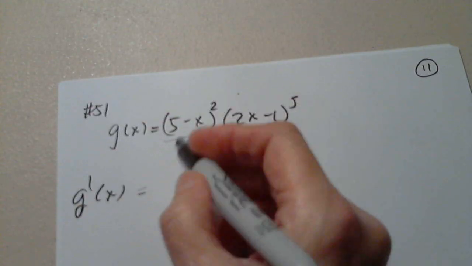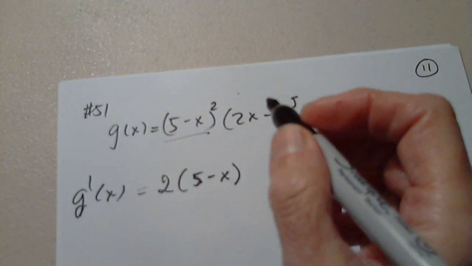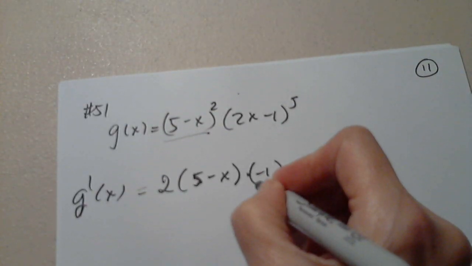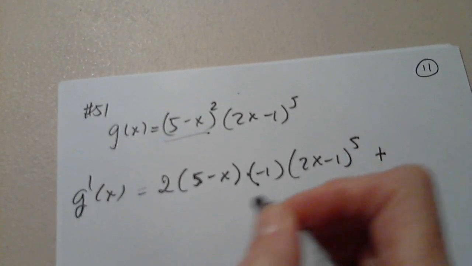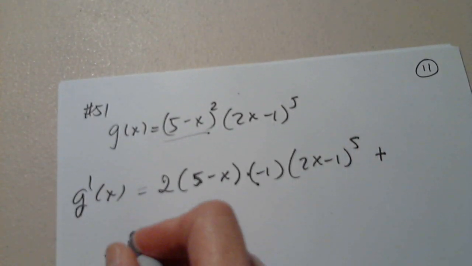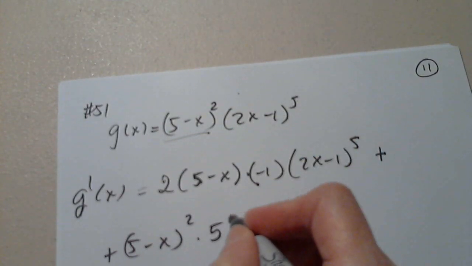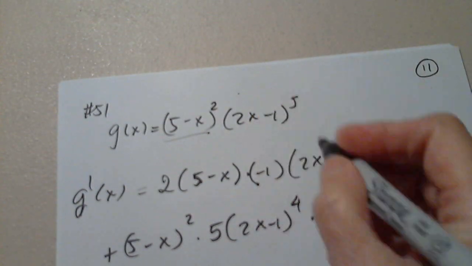So the first function prime, 5 minus x squared, 2x minus 1 to the 5th, the inner function prime, times the second function plus the first function times the second function prime, 5 to x minus 1 to the 4th times the inner function prime.